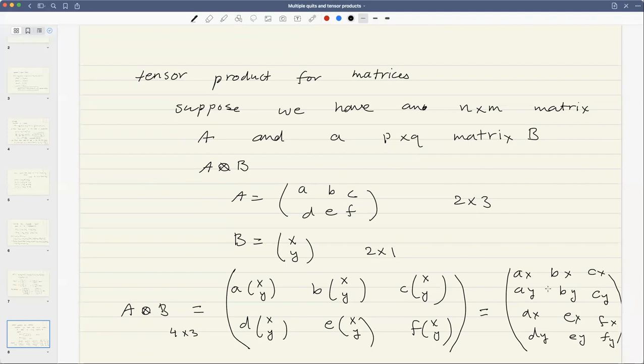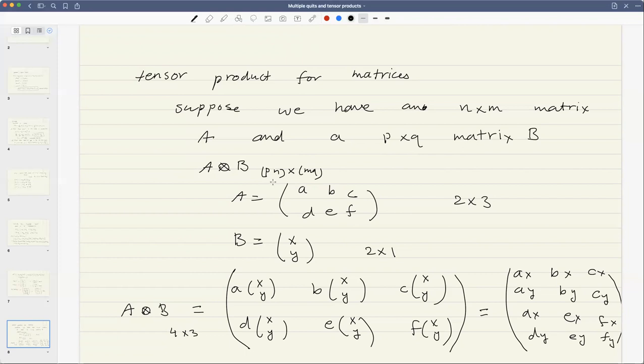So in general, this matrix, if you apply that recipe, it's going to be Pn times MQ dimensional, right?